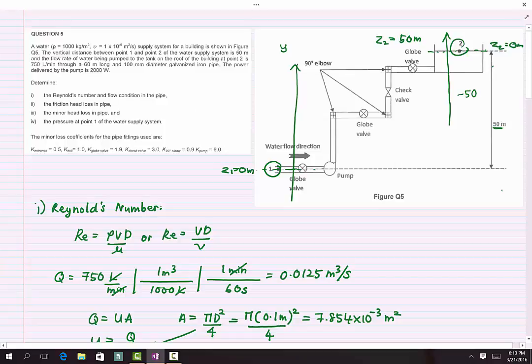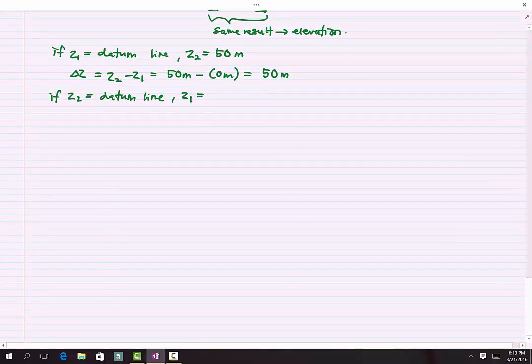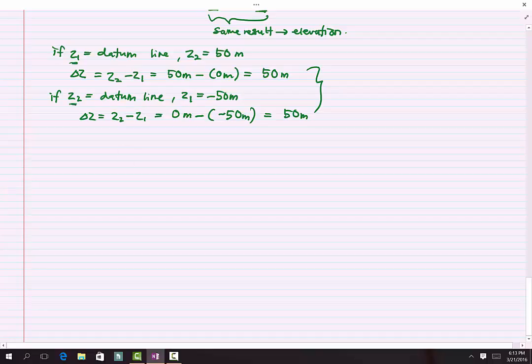So here the Z1 position is negative 50 meter. Delta Z equal to Z2 minus Z1, so Z2 is our datum line, 0 meter, minus negative 50 meter for Z1. So we will get 50 meter. That is why, as I mentioned before, whether you choose Z1 or Z2 as your datum line, it will give you the same result.